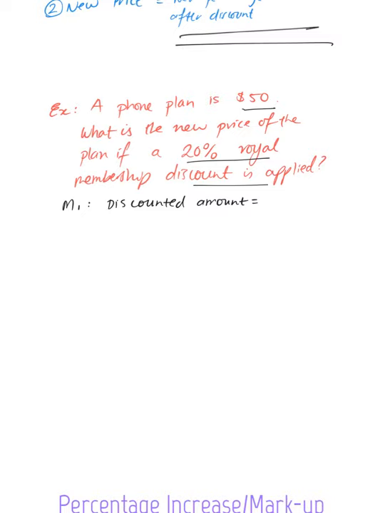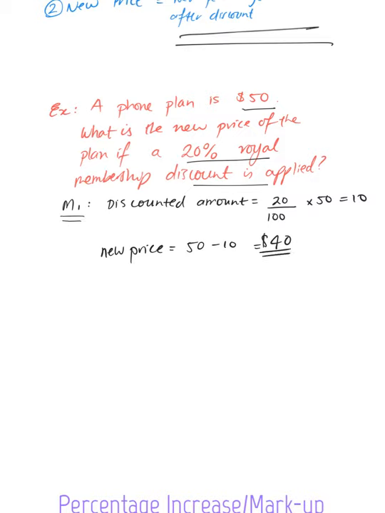To find the discounted amount, I need to take the percentage decrease and write that out of 100, so that's 20 out of 100, and times that by the price, which is 50. And that gives me $10. Now for step two, I need to find the new price. To find the new price, I do the old price, which is $50, take away the discount price, which is $10, and that gives me $40. So the new price of the plan is $40.